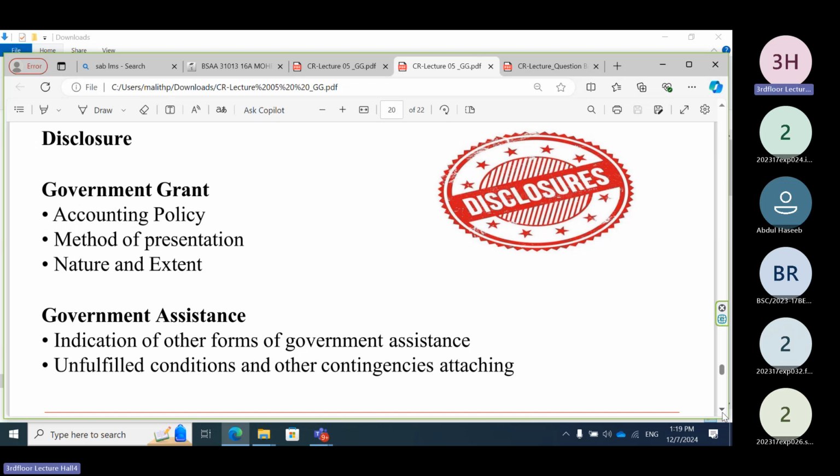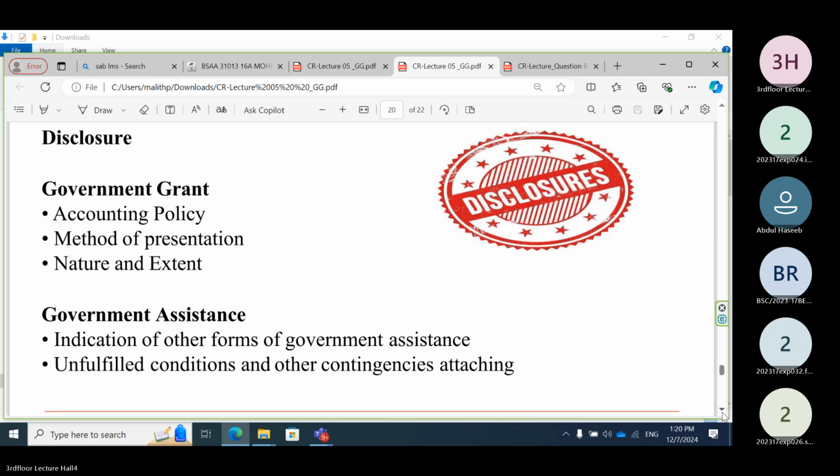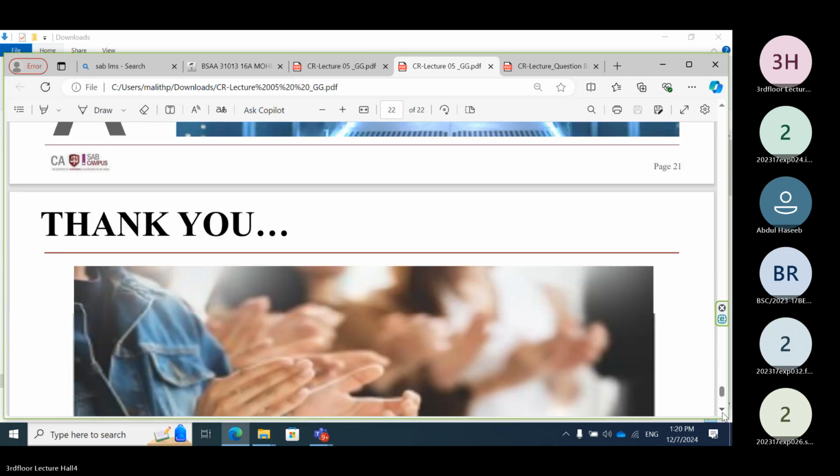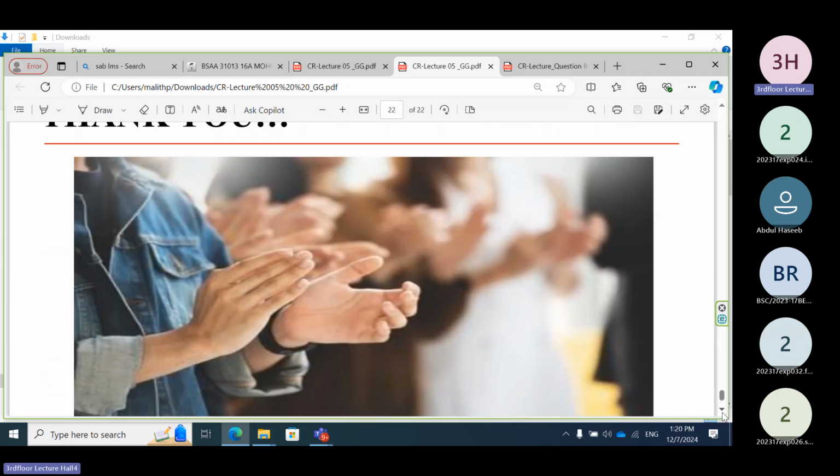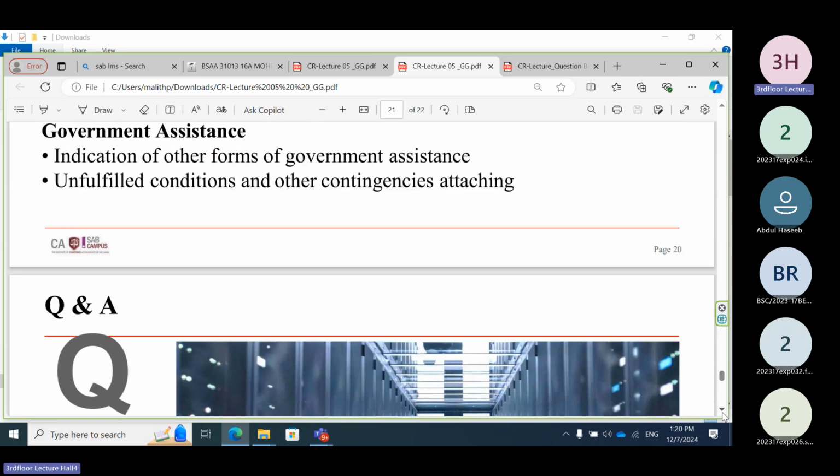Whatever the given contingency commitments for eligibility to the grant. That's it. That's about government grants.